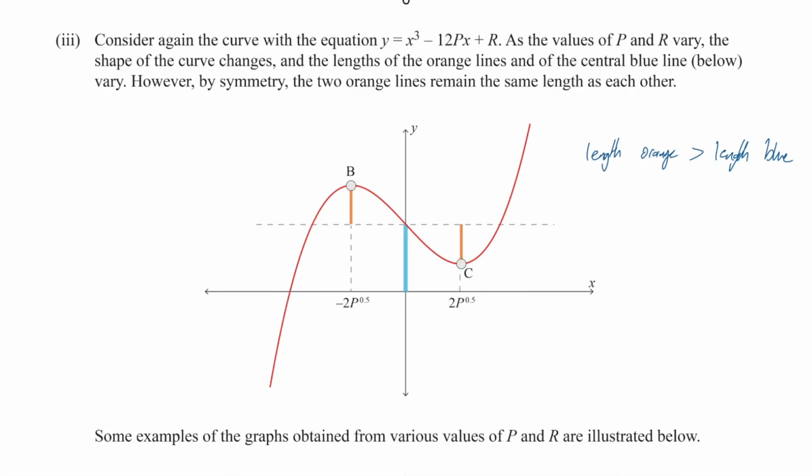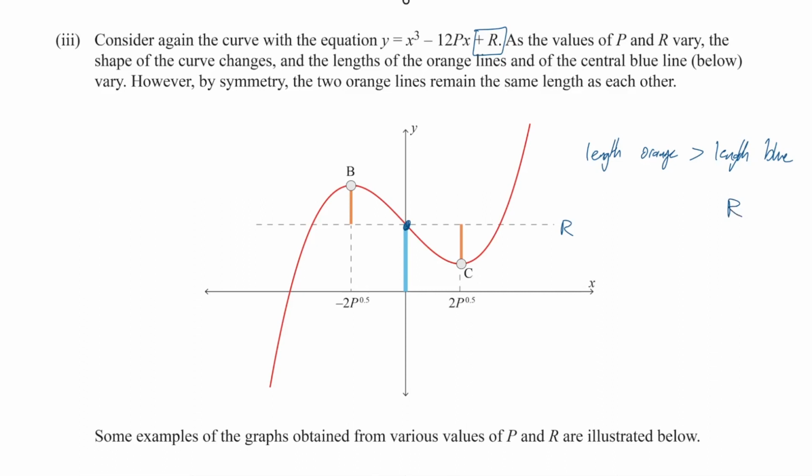All right, that was the hard bit, working that bit out. Now we just need to actually get the length as a function of x, right? Or as a function of p, rather. So looking back up at our original function, plus r, that would actually be this line here, right? This dotted line, that's the y-intercept, which is the length of the blue line.